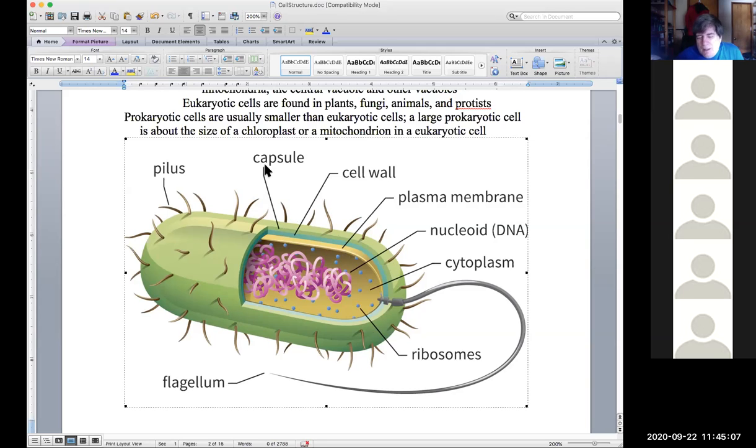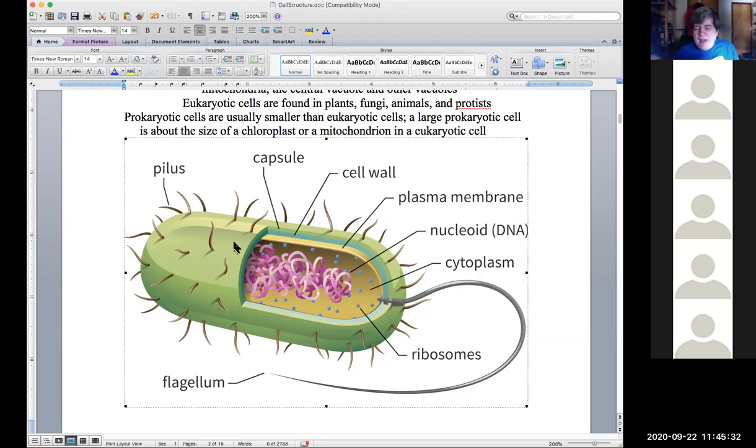And again, like the cell wall, this is for protection. It stops some chemicals from getting into the cell. It can also stop some cells, like cells in our immune system, from getting a good grip on the bacteria cell so that they can destroy it.